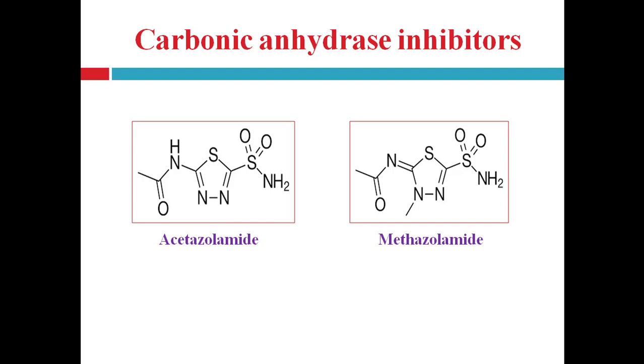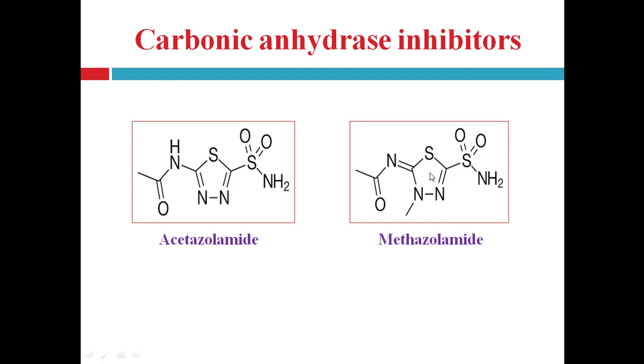So these carbonic anhydrase inhibitors contain the thiadiazole ring, which is substituted with the sulfonamide group, that is the SO2NH2 group, and as well as the sulfonamide, there is a group directly attached to the amide nitrogen, NHCO. Here also NHCO, right?